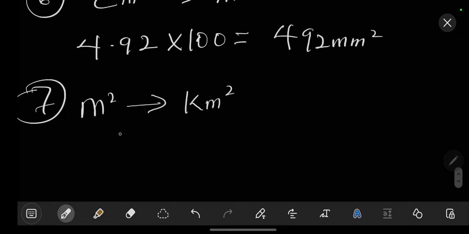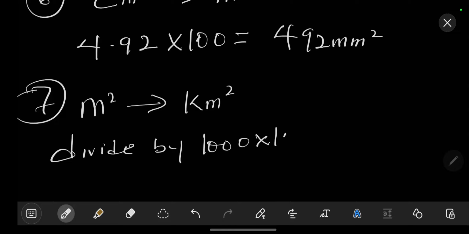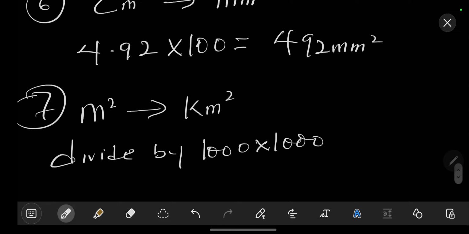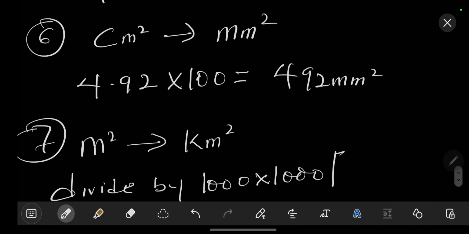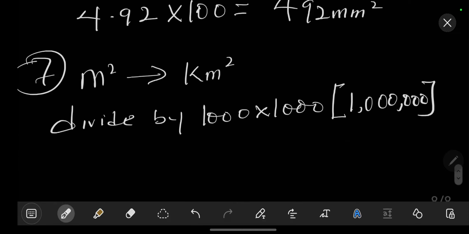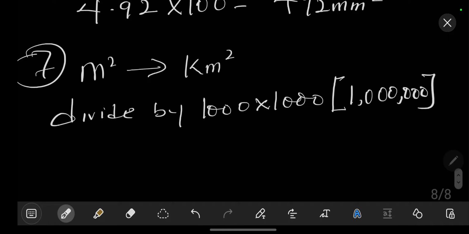Since kilometer square is way larger than meter square, we have to divide our value in meter square by 1000 times 1000. You already know from what I explained initially that 1000 times 1000 gives you a million. I explained how you can get that. So if you didn't remember, you can go back and listen again.